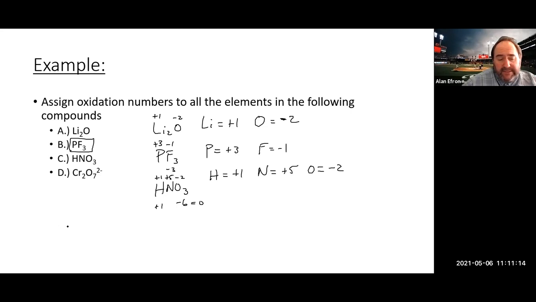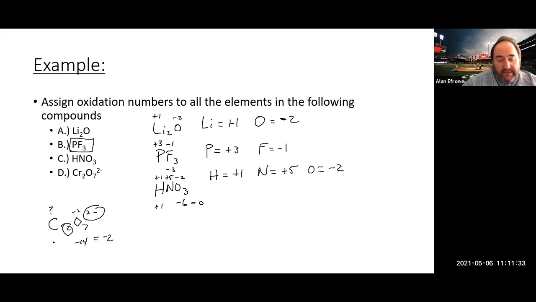Looking at the last one, which is dichromate, a polyatomic ion. We're looking at oxygen, which is -2. There are 7 of them, which gives us a -14. In this case, it needs to equal -2 overall. Here we're looking for what the chromium is, and there are 2 of them.